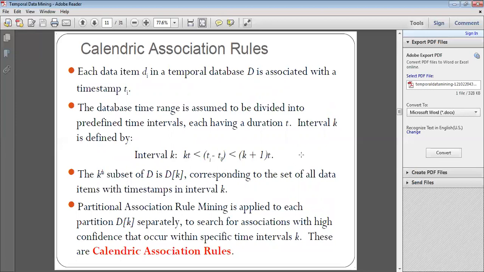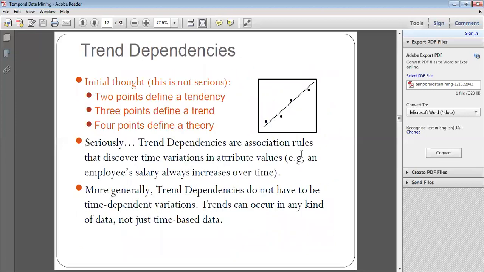After doing all this, there are some general concepts for analyzing the data. After plotting the data distribution over a graph, we find that 2 points define a tendency, 3 points define a trend, and 4 points define a theory.